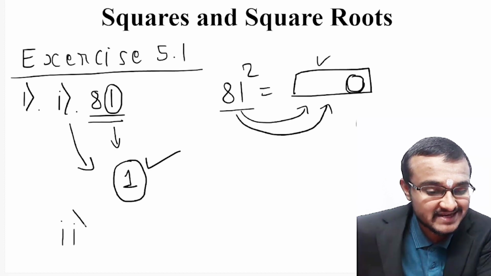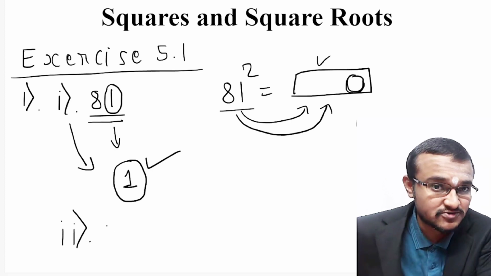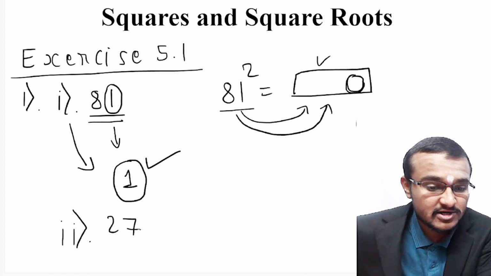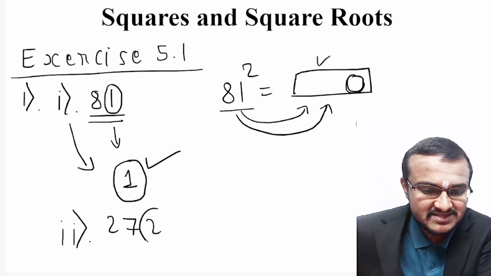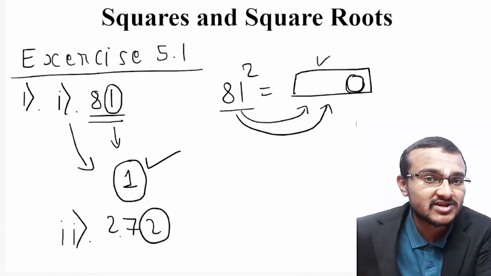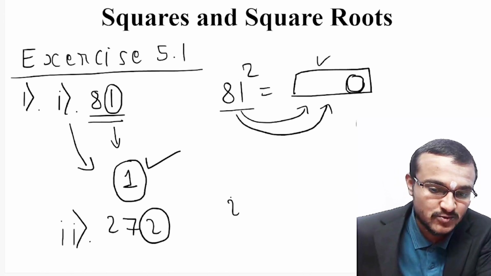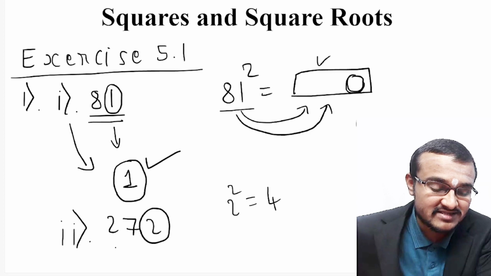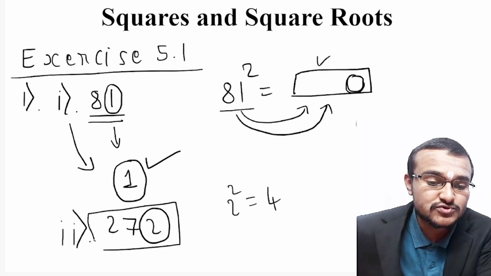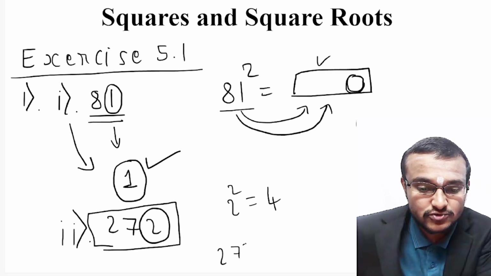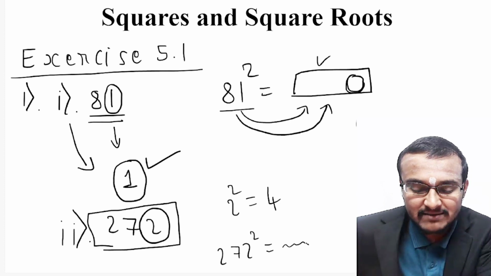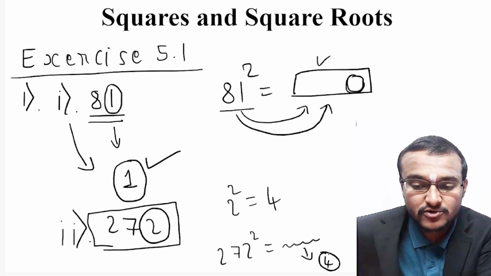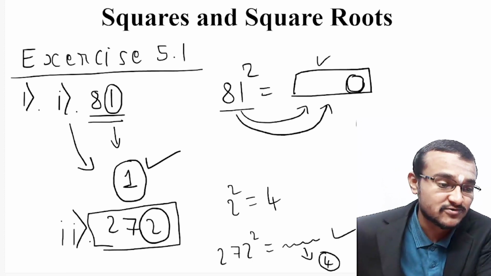Similarly, for the second question, they have given 272. Just take the square of the ending number. What is 2 square? 2 square is 4. That means if you do 272 square, you will get a certain number, and this number will be ending with 4. So 4 is the answer for the second question.